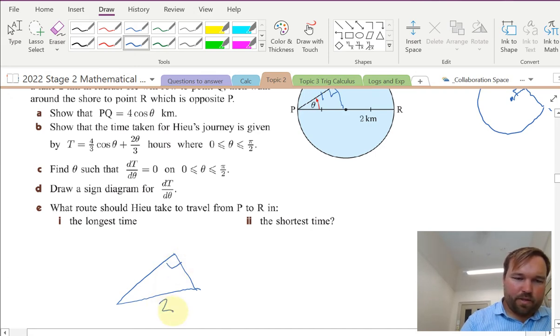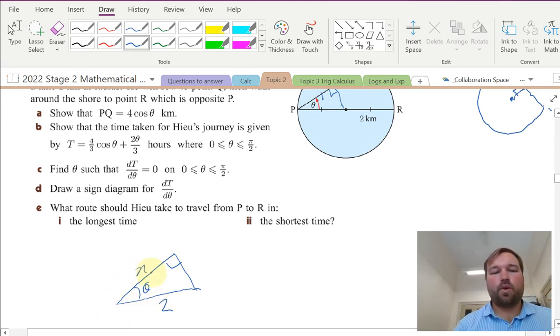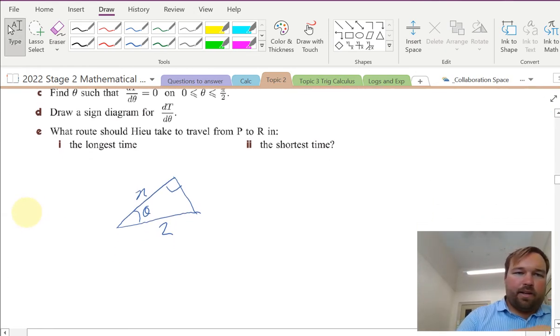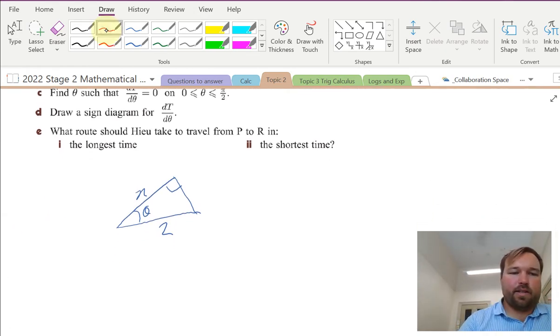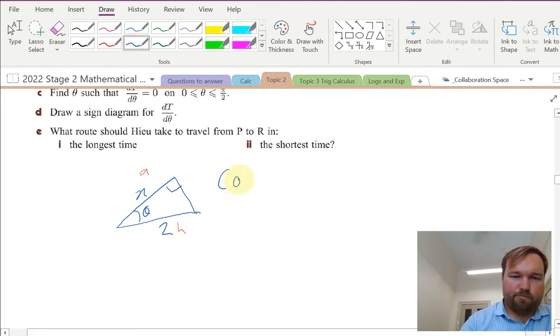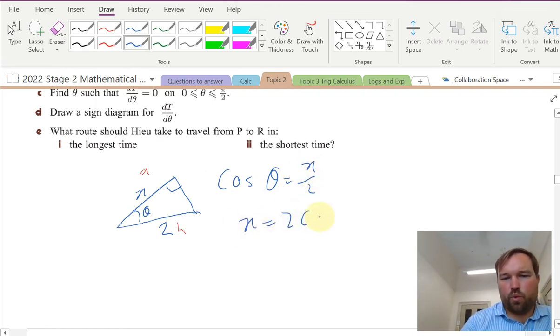Bisection. This is 2 because it's the radius, that's theta, and I'm really interested in this length here, which I'm just going to call x for now. Alright. Now, this is the adjacent, this is the hypotenuse of that circle, so therefore cos theta equals x on 2, x equals 2 cos theta.